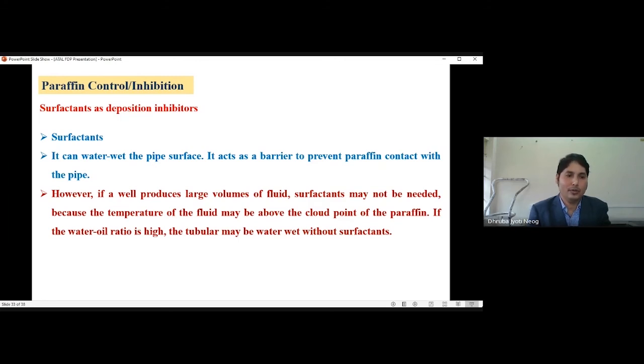Therefore, paraffin does not get the chance to come into direct contact with the surface of the pipe. However, if a well produces a large volume of fluid, surfactants are not required, because whenever a well produces a significant amount of water along with oil, the temperature of the well fluid will already be high. Therefore, it will prevent the formation of deposits in the well.